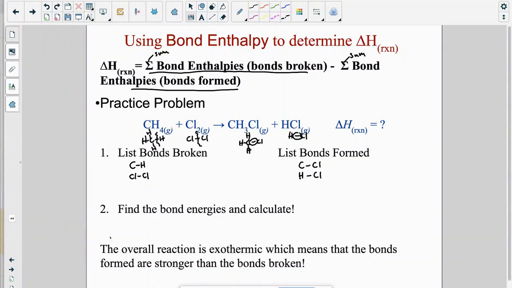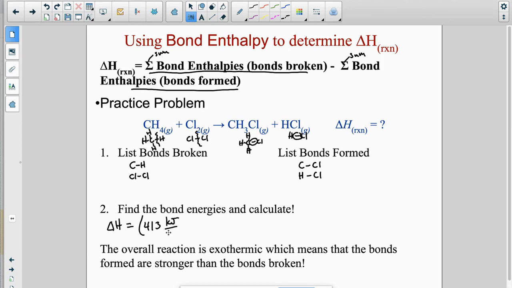So now we have to list the bond energies for each of these bonds and calculate. So first of all, delta H is going to be the sum of the bonds broken. So CH is broken. The bond enthalpy is 413 kilojoules per mole, plus a Cl-Cl bond, 242 kilojoules per mole.